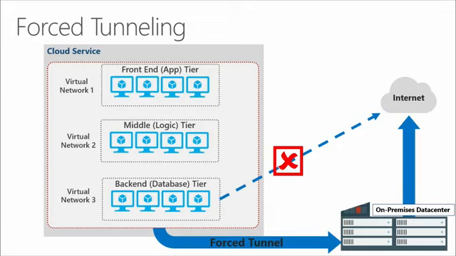When they try to access the internet, just force their traffic to my tunnel, to the connection between my on-premises data center and Azure. So they do not access any internet resources, which of course is very important because of the general types of attacks like SQL injection, man in the middle, pass the hash.